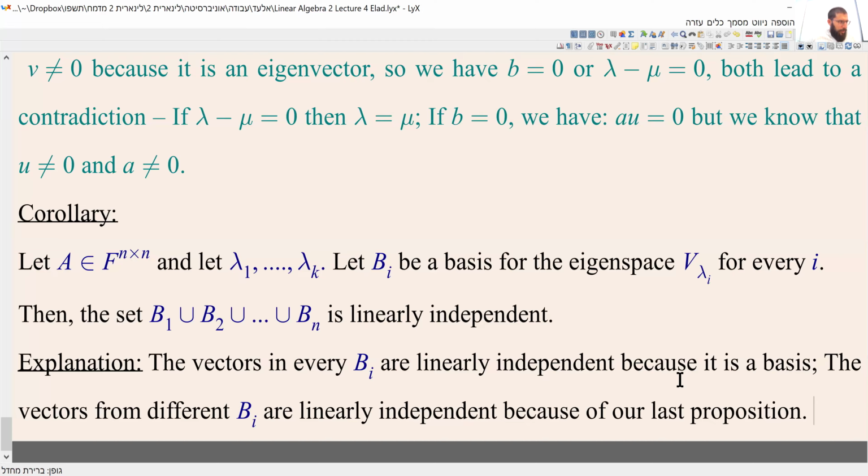If you take eigenvectors of different eigenvalues, they are linearly independent. Any questions about the corollary?